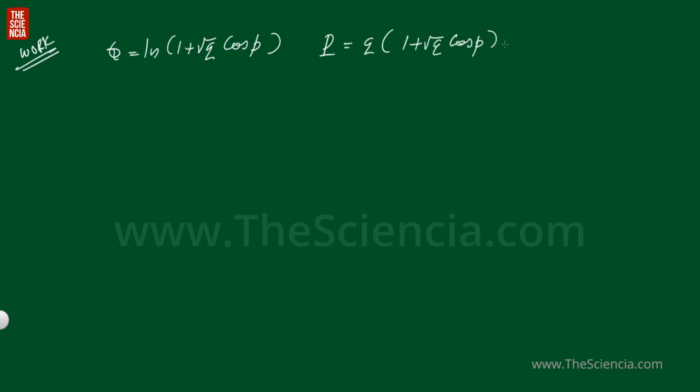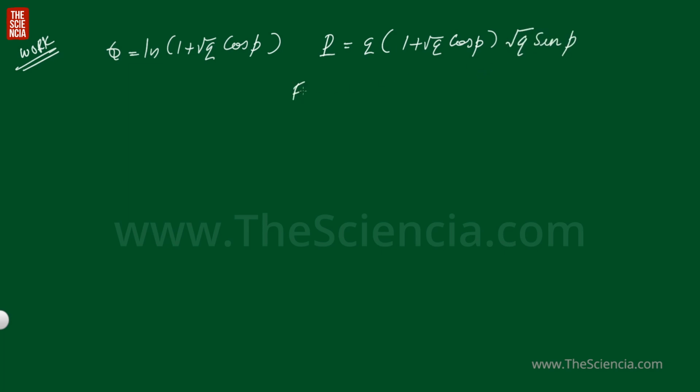One work for you. Q is equal to log of 1 plus root q cos p, and capital P is equal to q into 1 plus root q cos p into root q sin p.